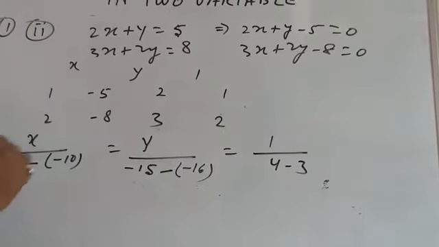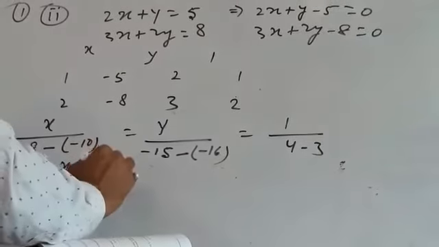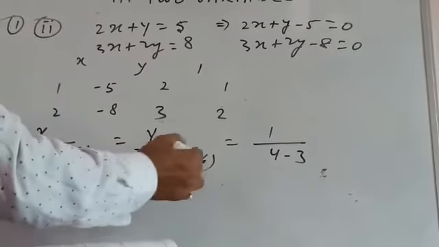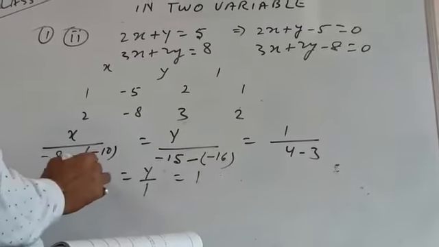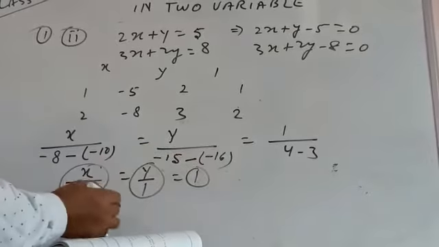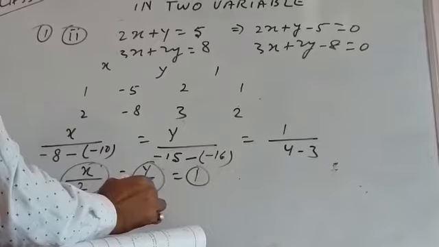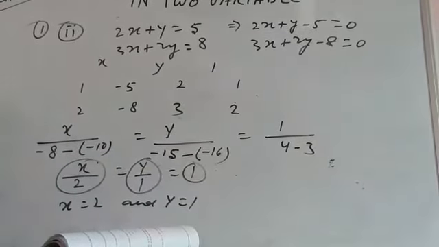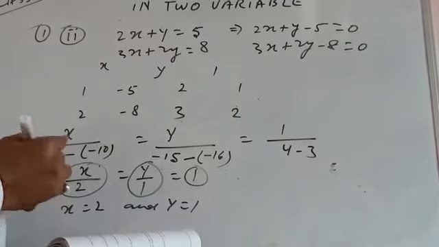Now we write x upon minus 8 plus 10, which gives 2, y upon minus 15 plus 16, which gives 1, is equal to 1. We equate this to this, and then this to this. So the values are x is equal to 2 and y is equal to 1. This is how you can use the cross multiplication method.